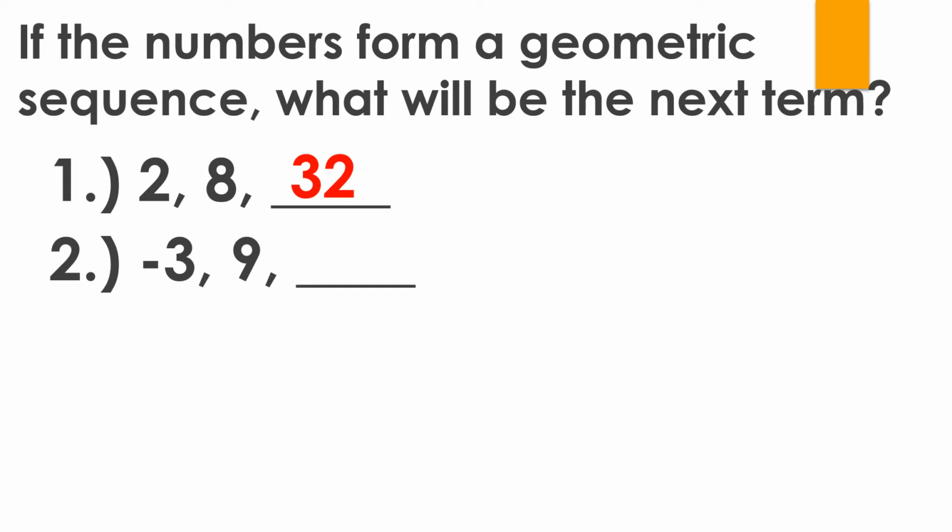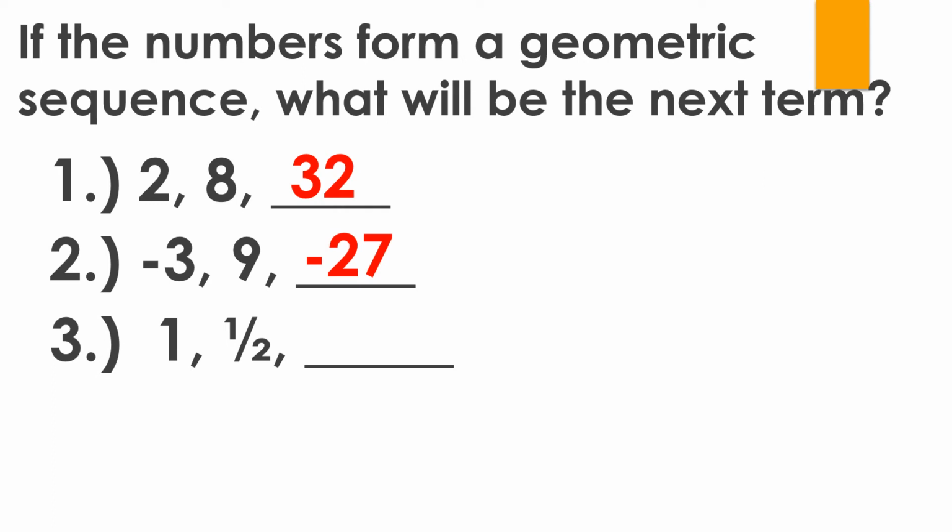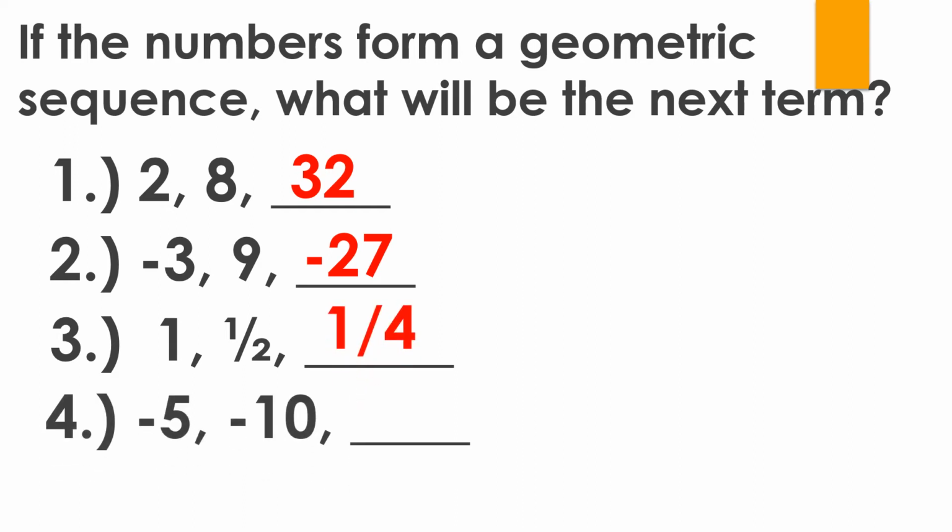So we multiply each term by negative 3. So this is negative 27. Next, 1 times 1/2 is 1/2, times another 1/2, we have 1/4. So here we multiply it by 2. Negative 5 times 2, negative 10, times 2, negative 20.